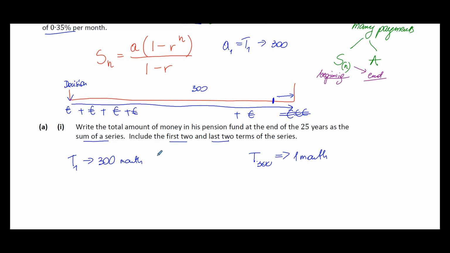Then term 2 follows the same logic, so it will be 1 month less, 299 months, while the term before the last, 299, will be there for 2 months, following the same logic, isn't it?